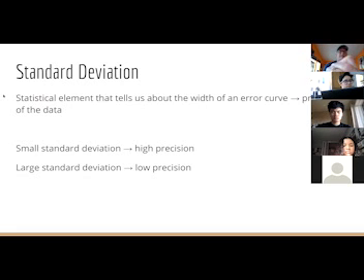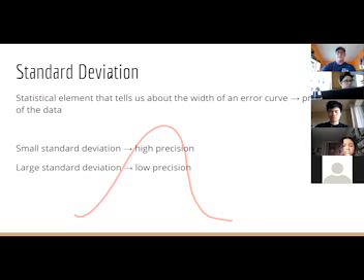So if this is all my measurements thrown together, basically what it gives you is an idea of how wide this is. It's sort of like an underfed supermodel: you want your standard deviation to be tall and skinny, like hideously skinny.